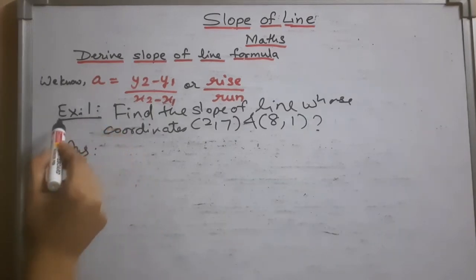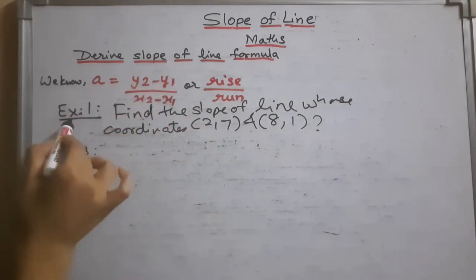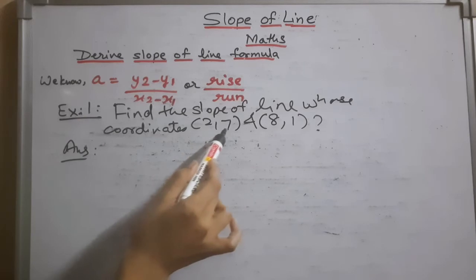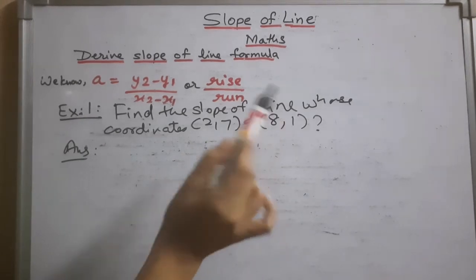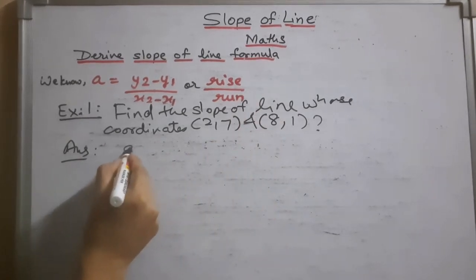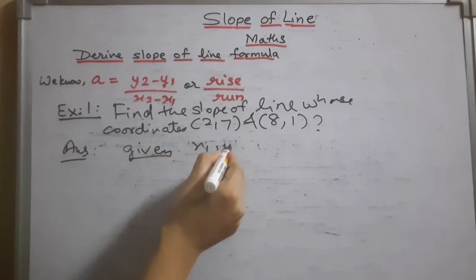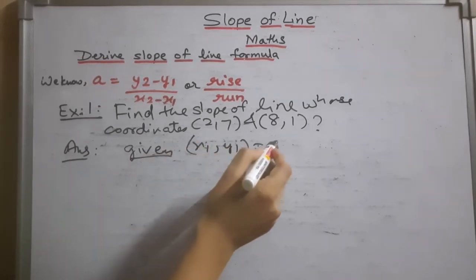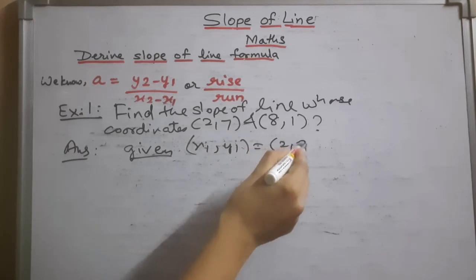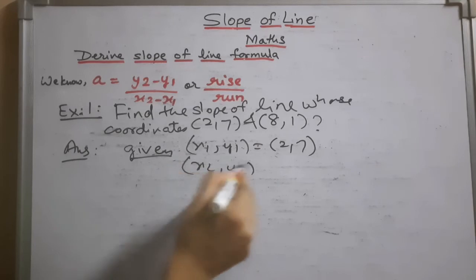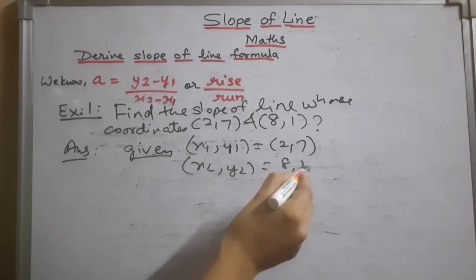Now I am explaining this formula with the help of one example. Find the slope of the line whose coordinates are 2 and 7, 8 and 1. So what is given? Given is x1, y1, that is 2, 7, and x2, y2, that is 8, 1.